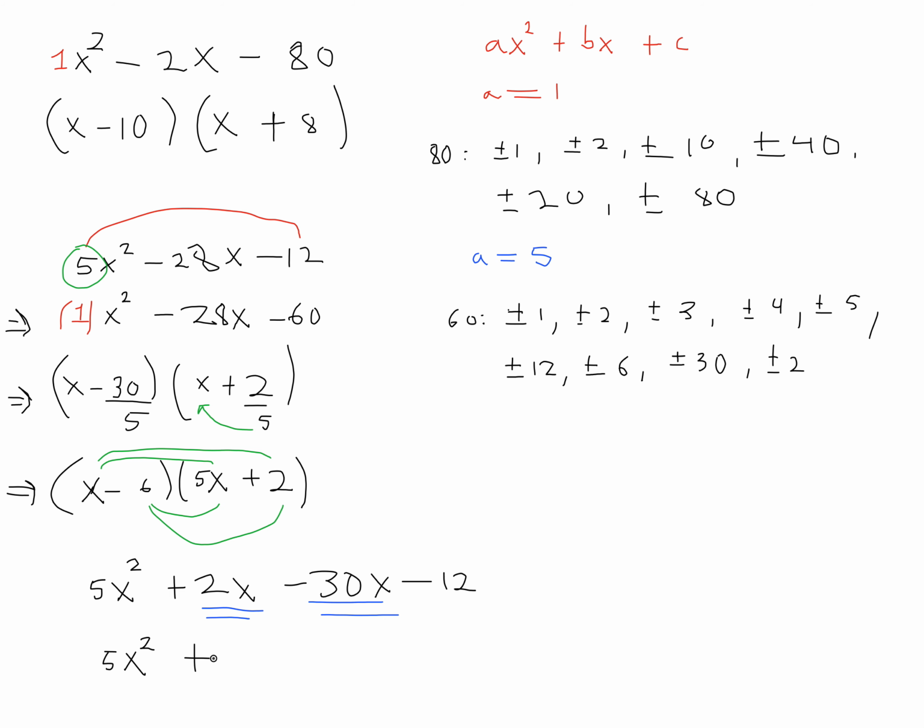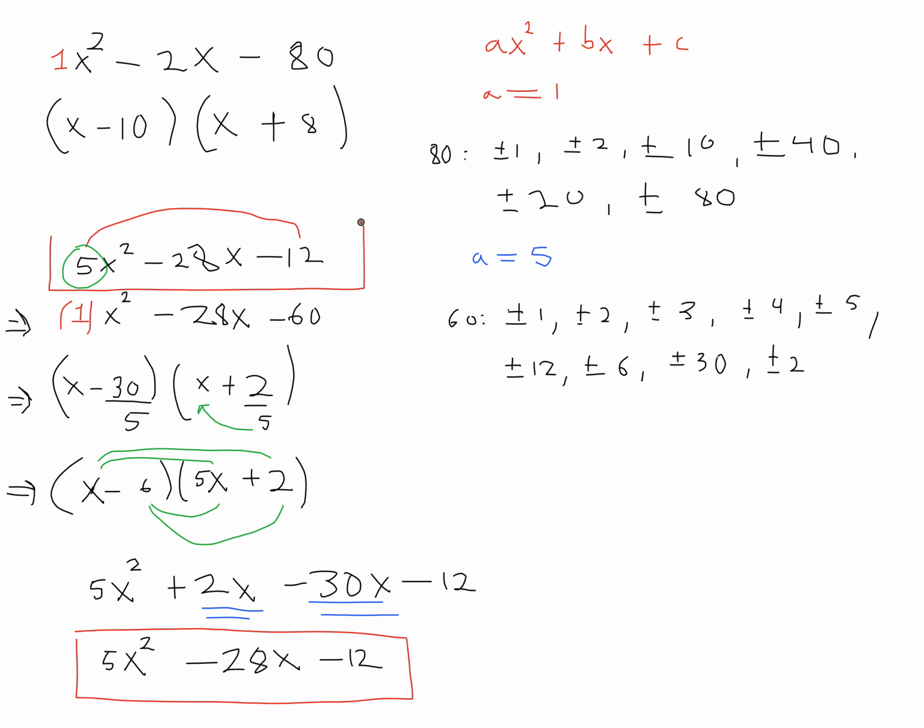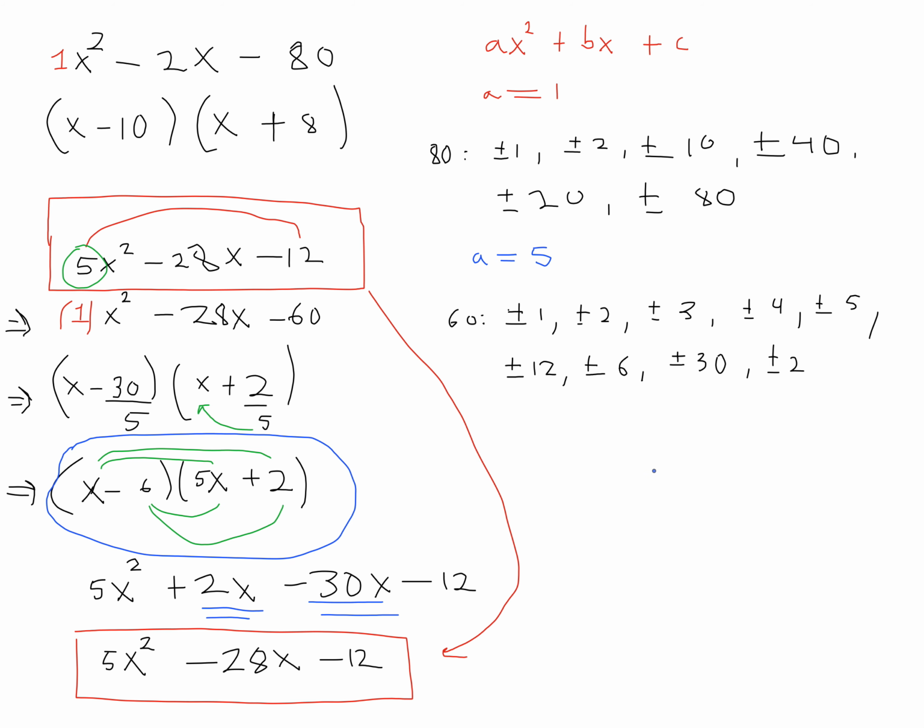So 2x minus 30x gives you negative 28x minus 12. As you can see, we got the same trinomial as the original one, which means that our answer is right. So these are the factors of this trinomial.